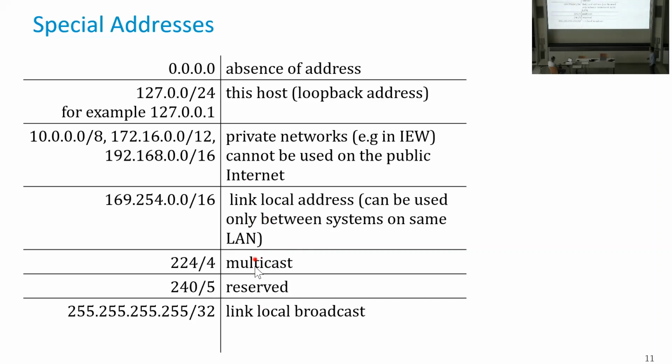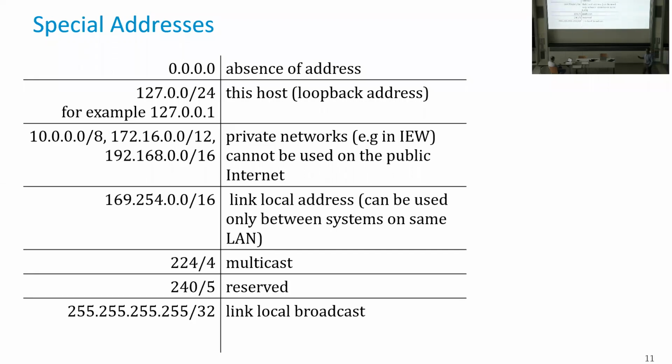Then we have multicast addresses that we will mention a bit later. And one specific multicast, which is the broadcast. You recognize here all bits equal to 1. That means any system, but this is link local. Link local means only in the same subnet. So this is a broadcast.